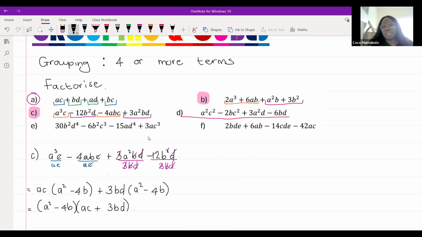All right, take it away, guys. Pop your favorite emoji in the chat when you're ready.